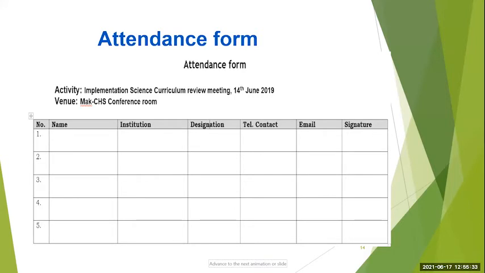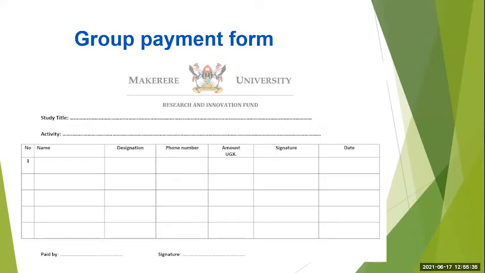Then the group payment form, as you see, has the phone number and the amount, the signature and the date, and the person who paid and their signature. So still this phone number, if the auditor is not convinced that you really paid this person, they can as well go ahead and call them.